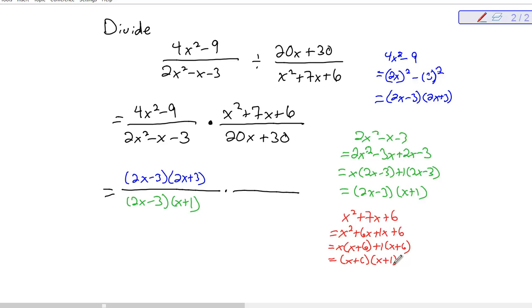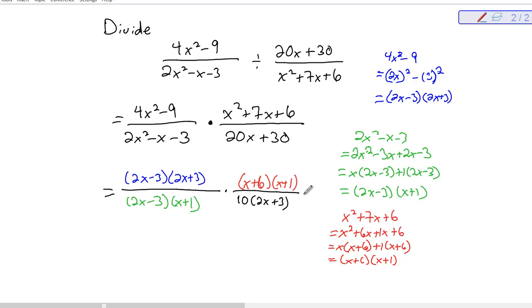Which leaves me with an x plus 6 and an x plus 1. Then on the denominator, I'm going to look at 20x plus 30. I'm going to factor out a 10, leaving me with a 2x plus 3.